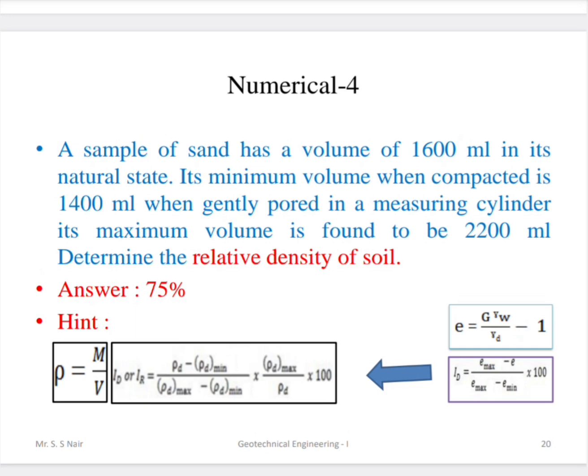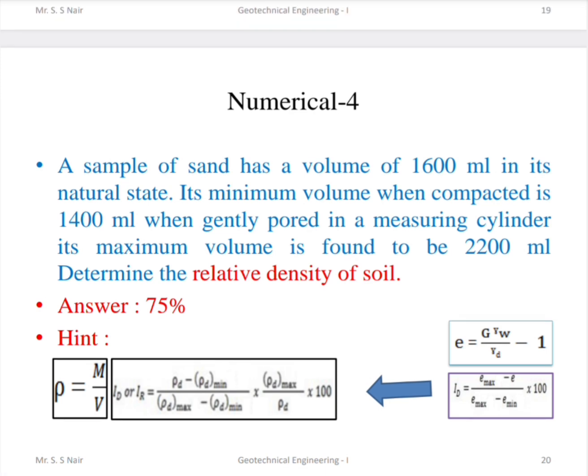So using the formula of density, that is dry density minus minimum dry density divided by maximum dry density minus minimum dry density, into maximum dry density divided by dry density, into 100. Using this formula, we will be getting the relative density of soil.